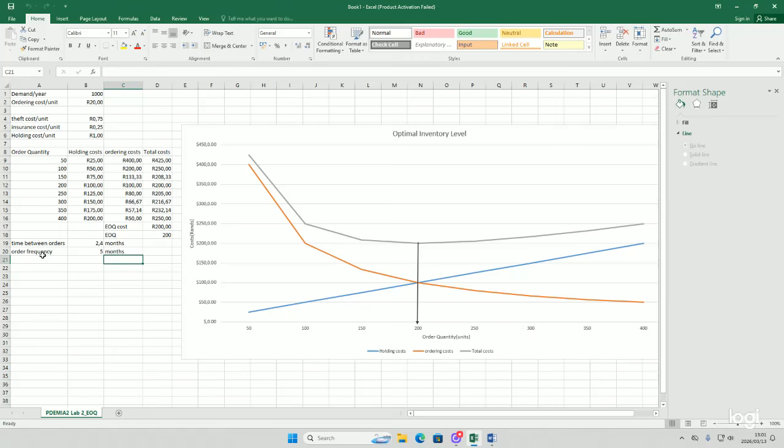With order frequency, you measure how often a customer buys within a certain time frame.